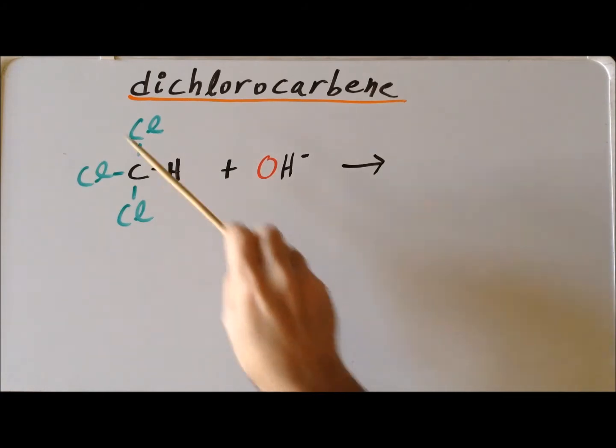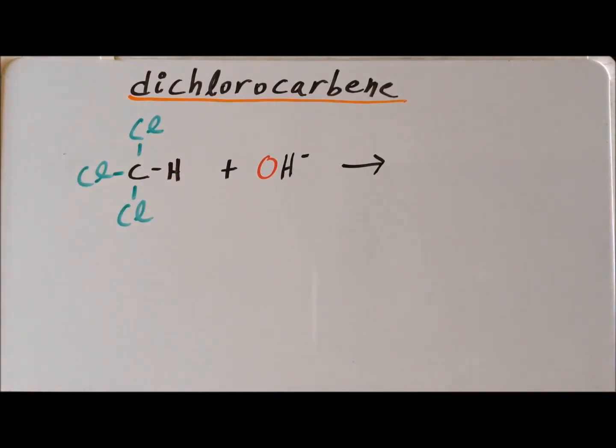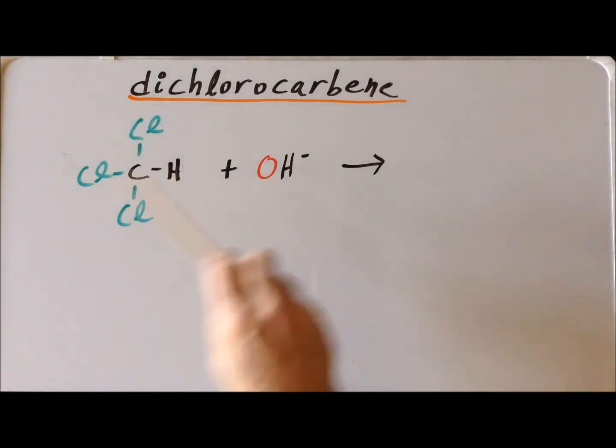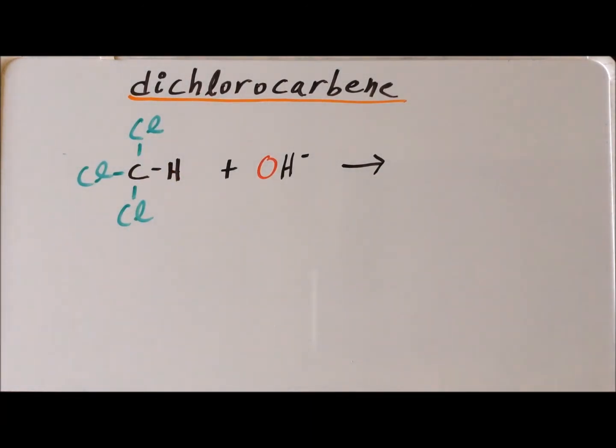Now, let's react chloroform with a very strong base. Typical very strong bases would be sodium hydroxide, potassium hydroxide, and potassium tertiary butoxide. These are sufficiently strong bases to deprotonate chloroform.